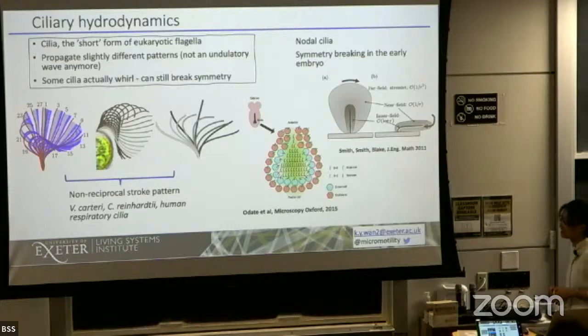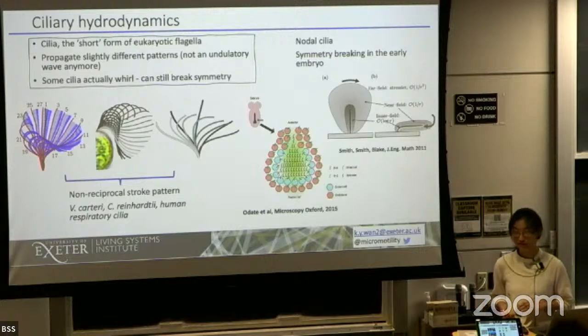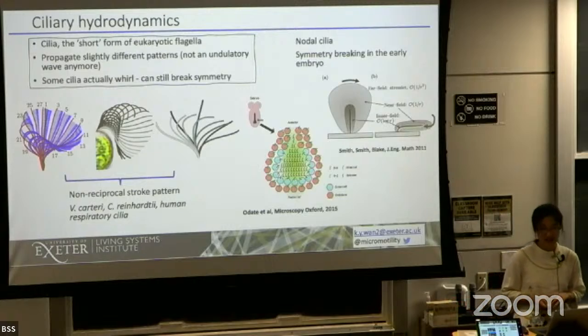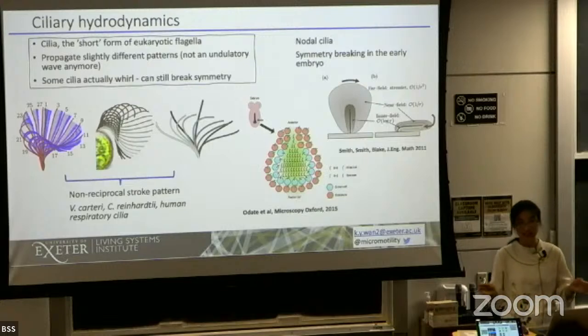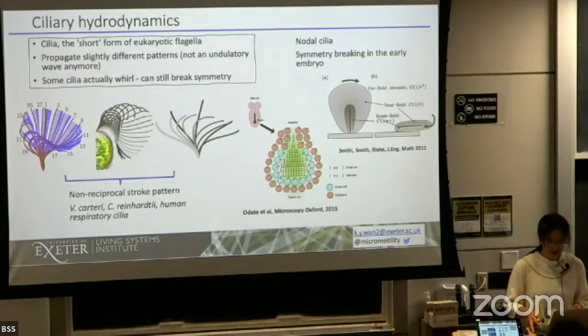So the way that this happens is by using boundaries, or the influence of boundaries in the environment. Situated in a completely free environment, then you're not going to get any net propulsion.